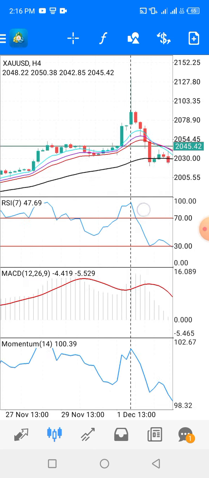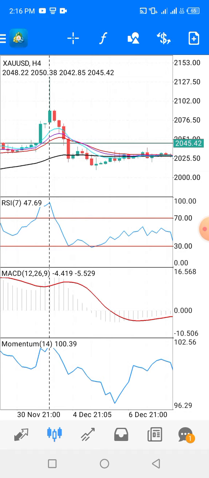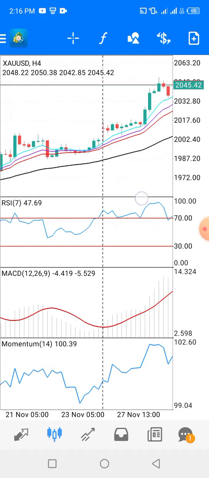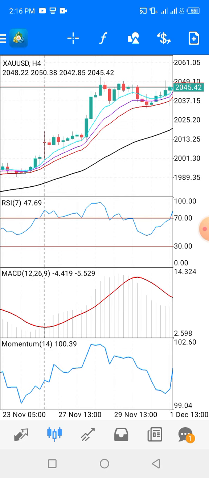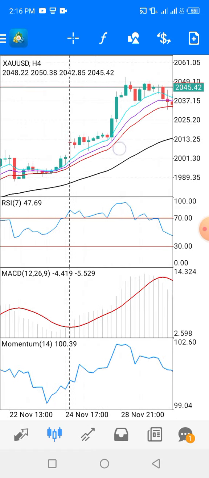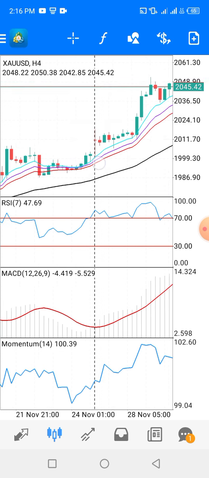That is it. So what is our session talking about? All that we need is for when we see an uptrend. How do we get to see an uptrend? When all the EMAs have crossed the black moving average, that is the 50 EMA, and the green EMA is on top of all of them, it means we have an uptrend.